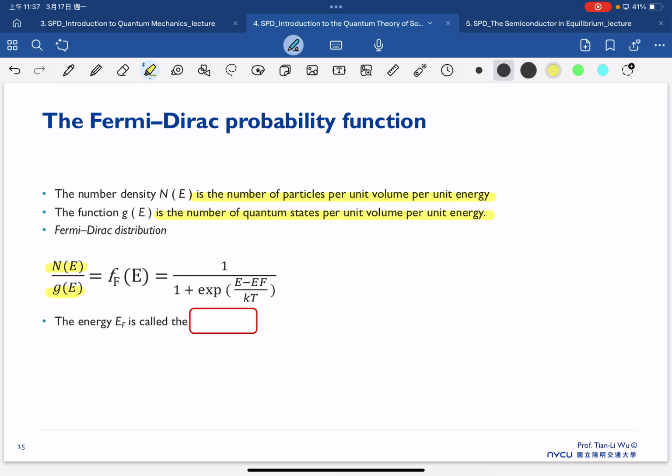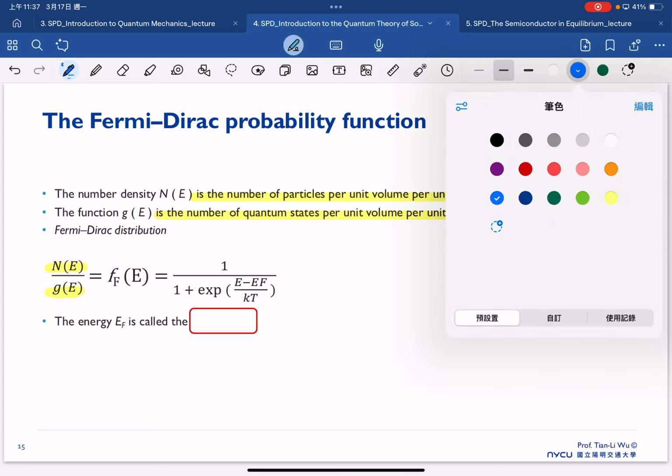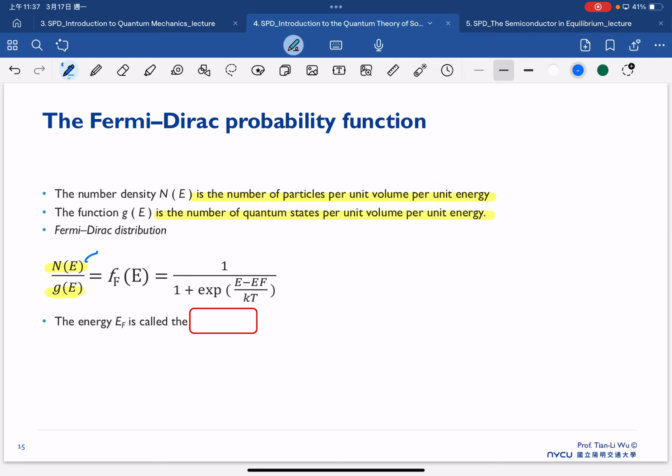So the capital N(E) means the number of particles, and the g(E) is the number of quantum states.